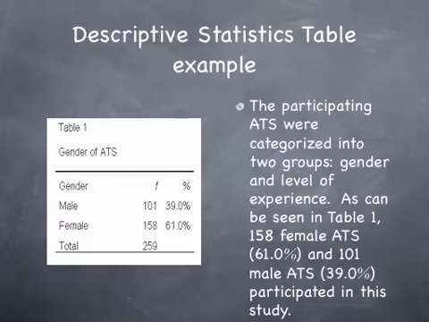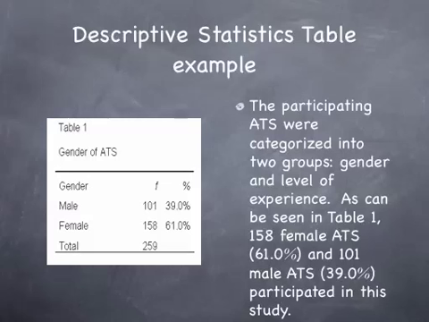All right, so that table is actually from my dissertation, and that's Table 1. It is titled Gender of Athletic Training Students. That's what ATS stands for. This is a frequency table, and so I had the written description. It said that participating athletic training students were categorized into 2 groups. I have gender and level of experience.